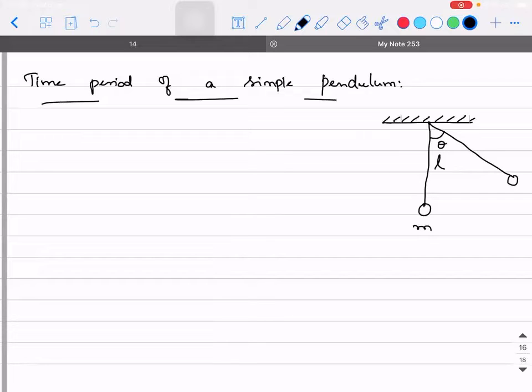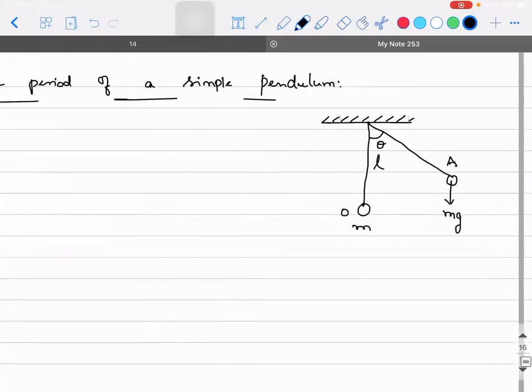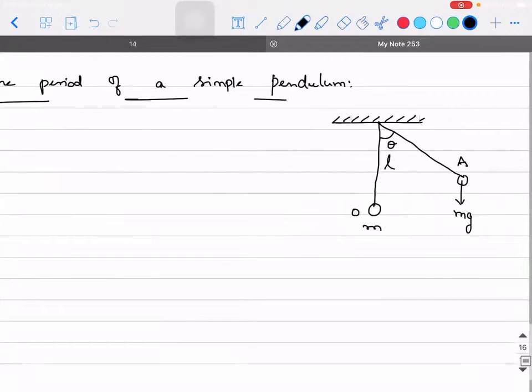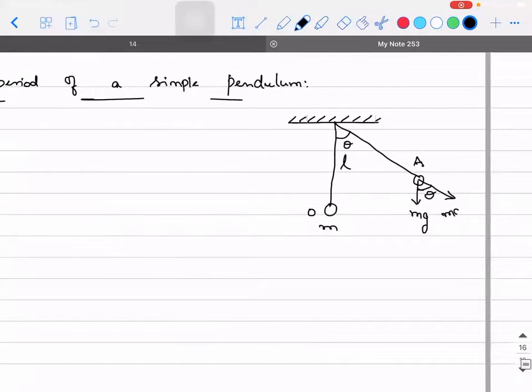Now, what are all the forces that are going to act on the bob at point A? One is mg. And if this is theta, this is also theta. Then this will be mg cos theta, and this will be mg sin theta.